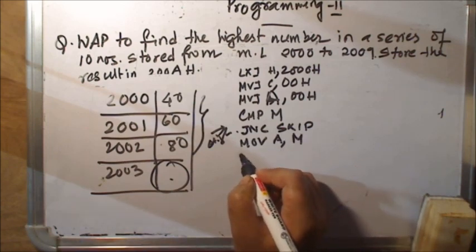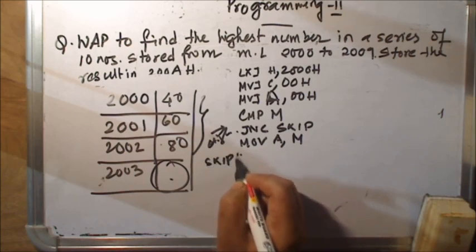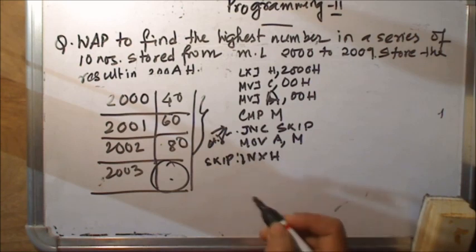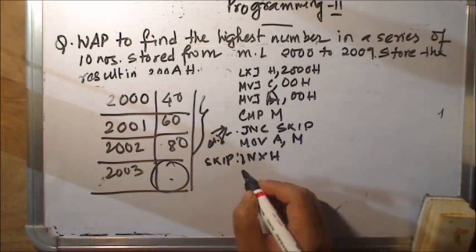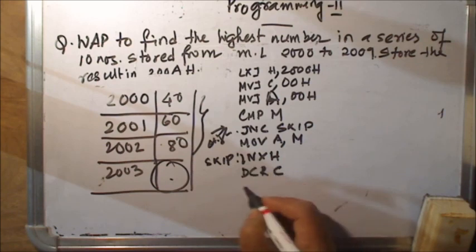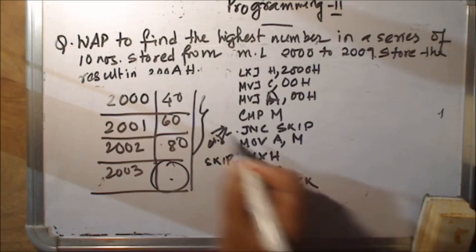Then this is skip. What we will do in skip? We will increment the HL pair so that we can go to the next memory location. Then we will decrement the count because one iteration is over, DCR C. Then we will jump back to the comparison part until the count becomes 0.